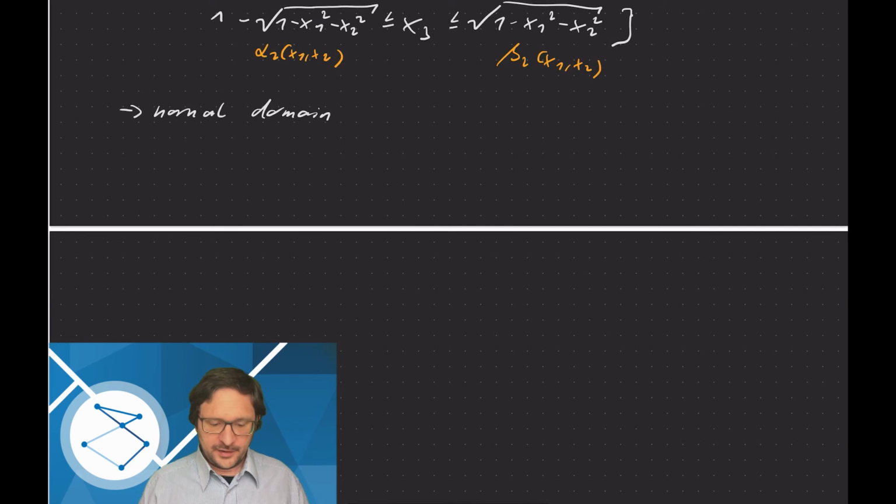Okay, finally, let's get to the main theorem of this section. And that's the question: how do we use those normal domains for integration? How can we compute integrals over normal domains? And the answer is pretty much as you would expect. You could just, again, compute parameter integrals.